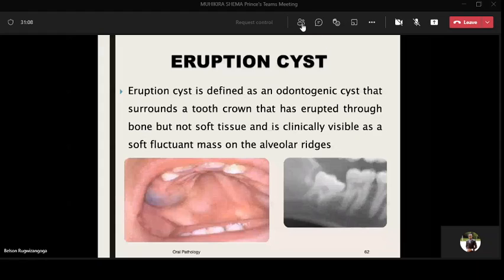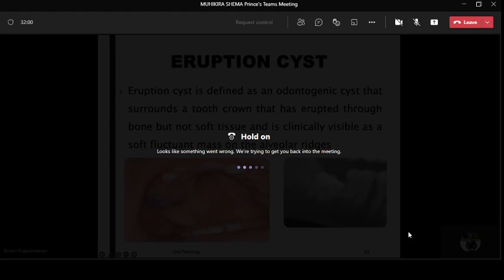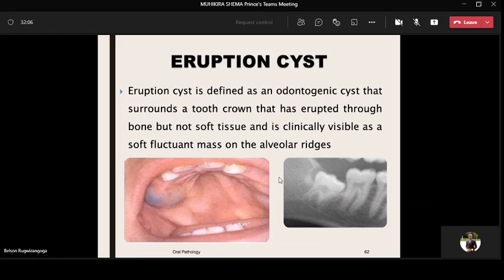So in contrast to what we saw on the dentigerous cyst, whereby the tooth is still just below the soft tissues, here the tooth erupted from the bone, but has not gone beyond the soft tissue, so it is not seen on the surface. But when you look, you see something swollen under the gingiva, and you know it is a tooth that stayed there. And here clinically you see it is blue in this area.